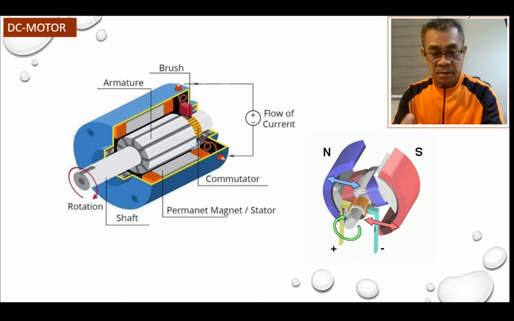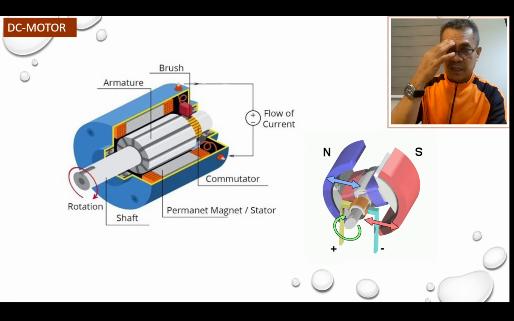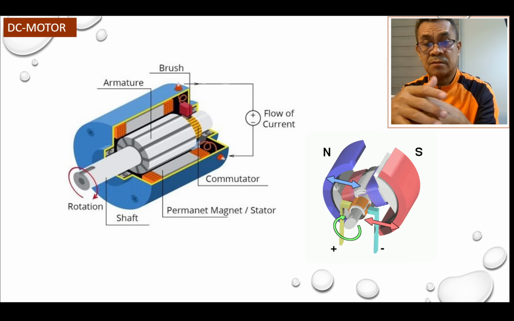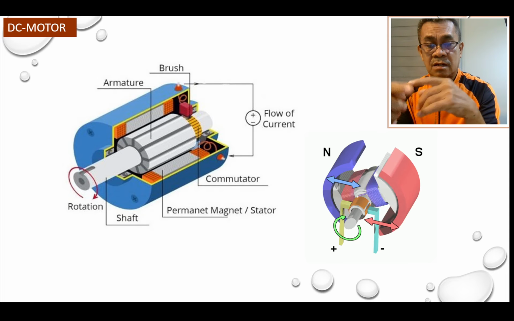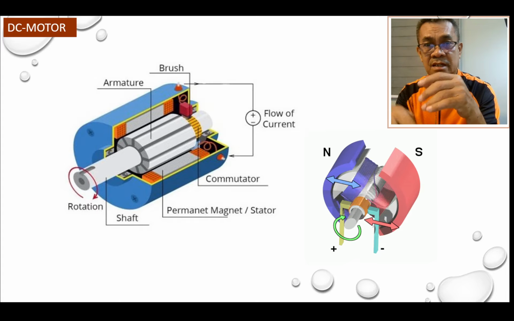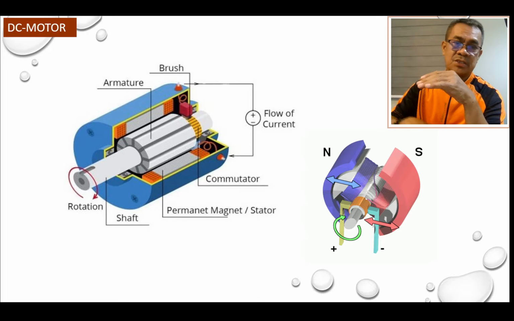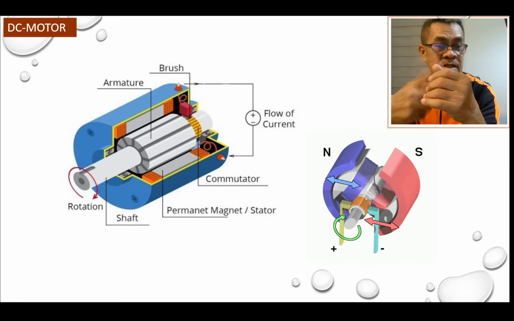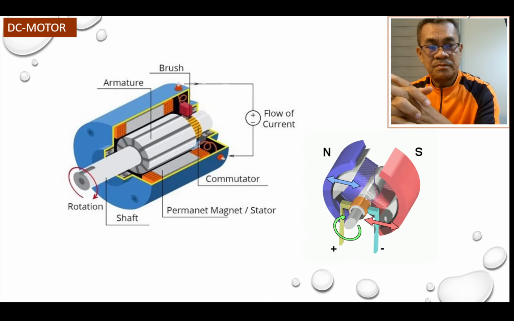So remember that when the current flowing in the armature in this system reverses, it signifies that the direction of mu also reverses. Reversing mu also reverses the direction of the system, the current loop.